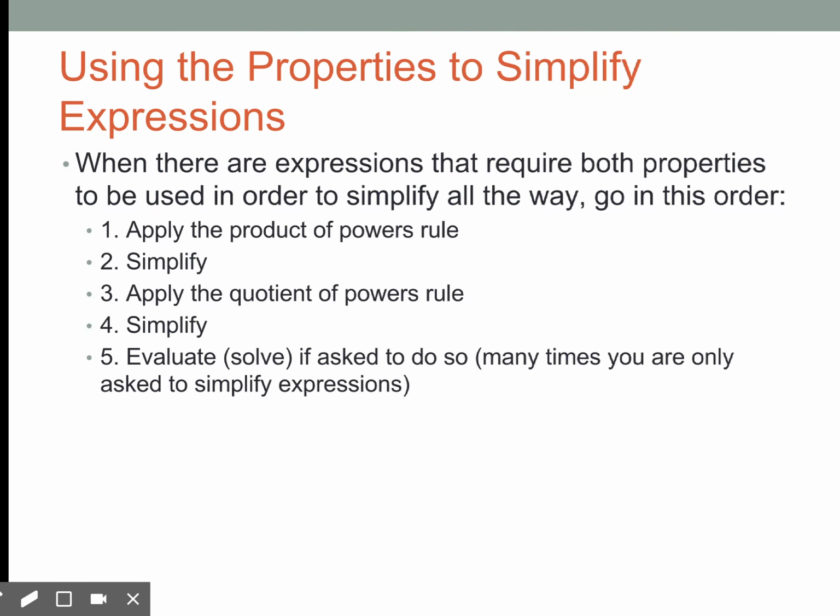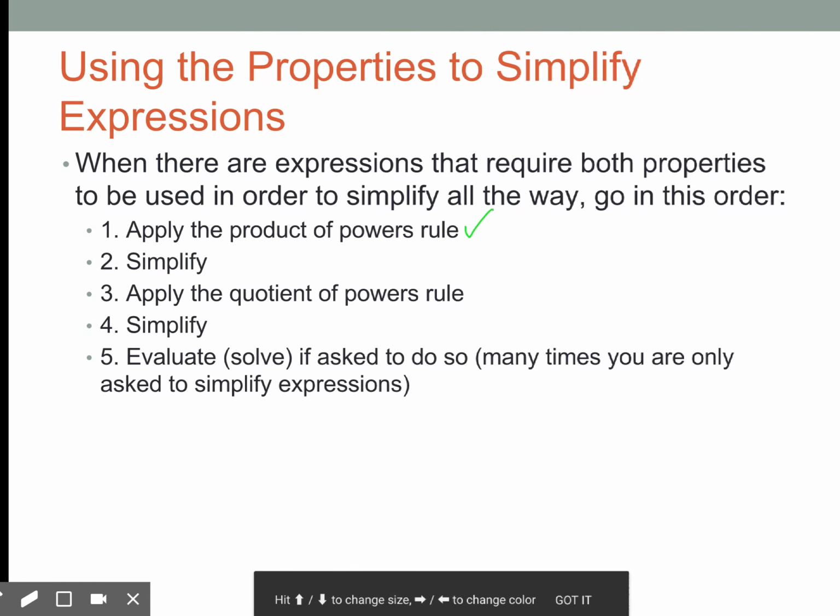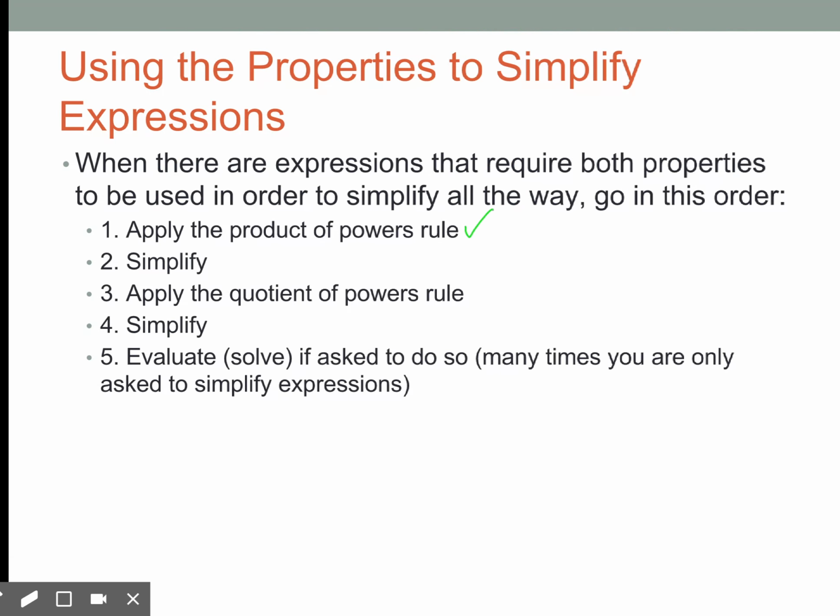So using the properties to simplify expressions, we have a certain order that we're going to follow. Just like there's order of operations in regular mathematics, there's order of operations when applying these properties. First, if having to apply the product and quotient of powers rules together, you're always going to apply the product of powers rule first, then simplify as much as you can.